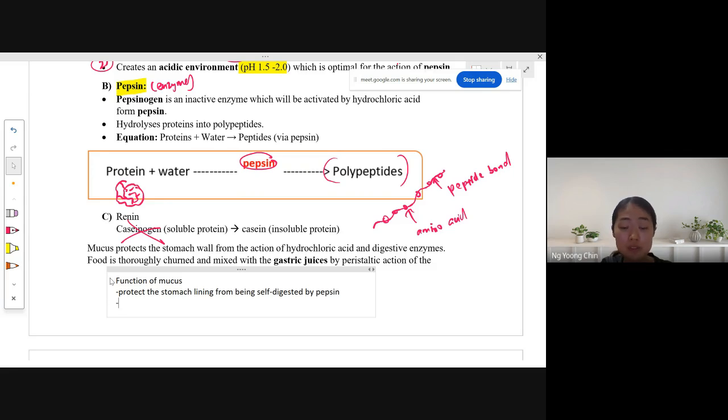The mucus also helps to protect from physical damage by the food content.